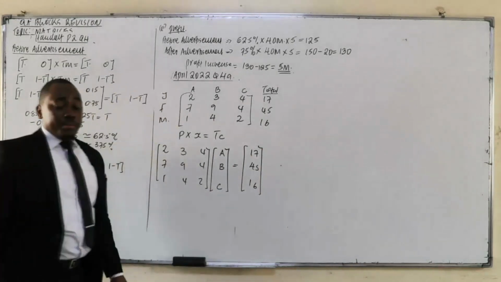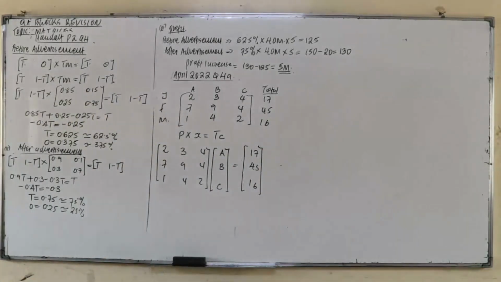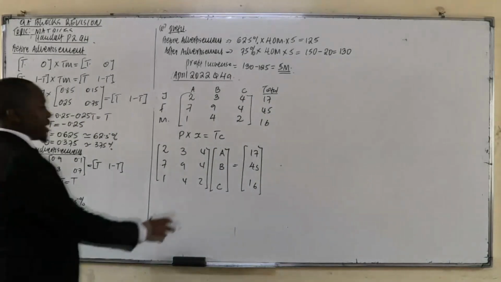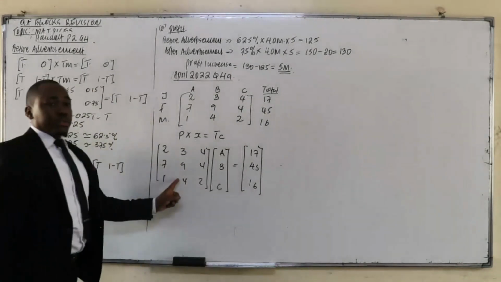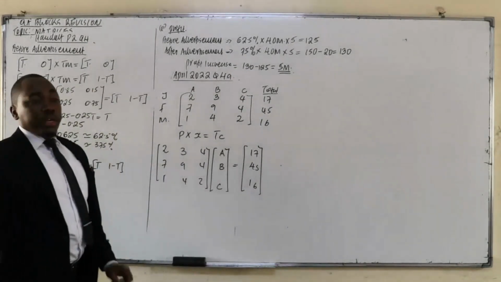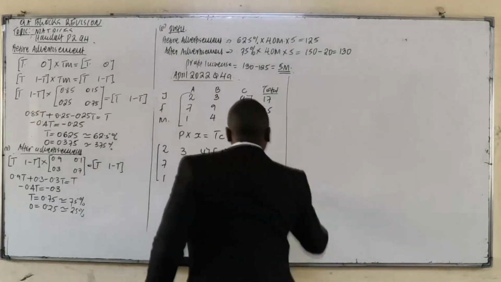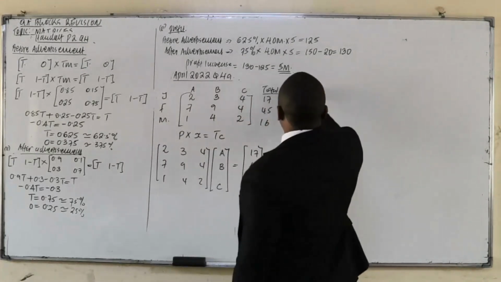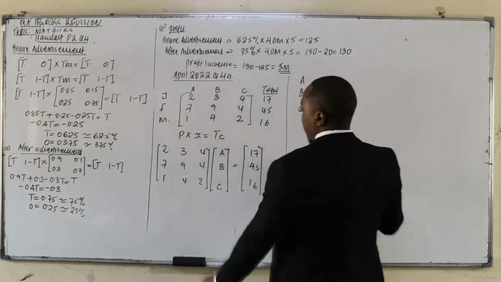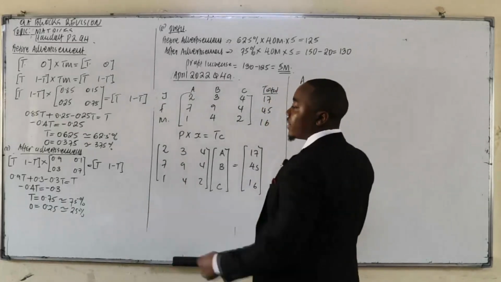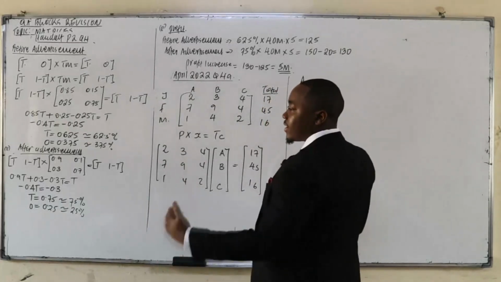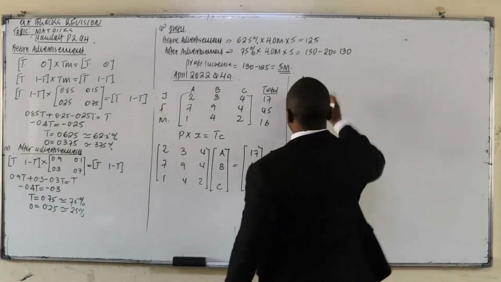Then we have to use matrix algebra. You know how to use matrix algebra. To get A, B, and C, you divide both sides by this matrix. To divide means you get the inverse. So to get A, B, and C, you get the inverse of a 3 by 3 matrix. Remember how to get minor, adjoint, cofactor, all that.